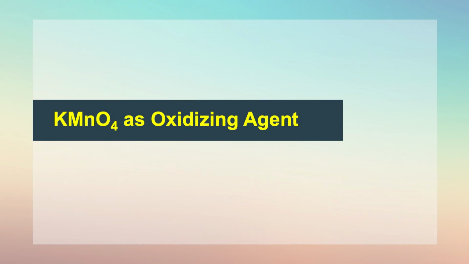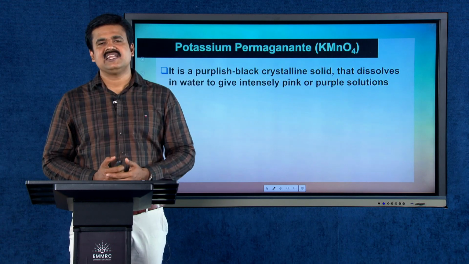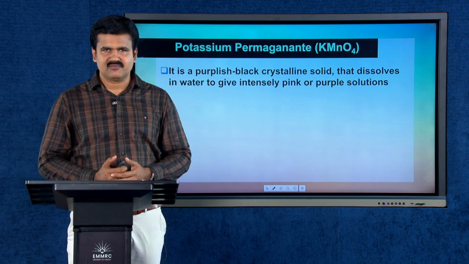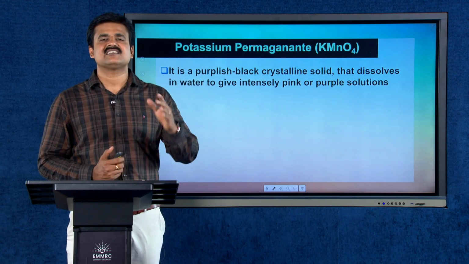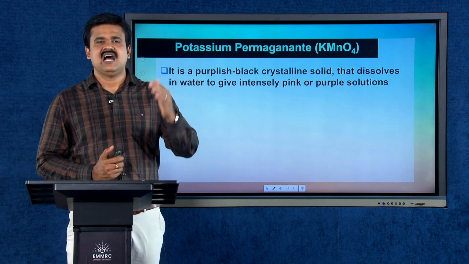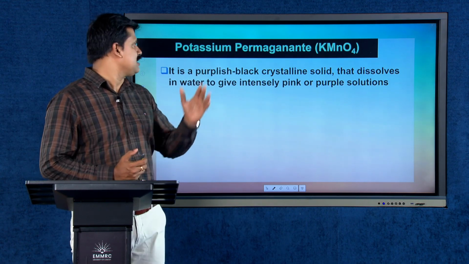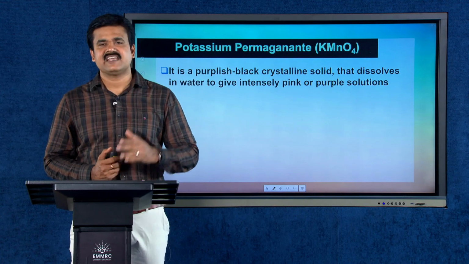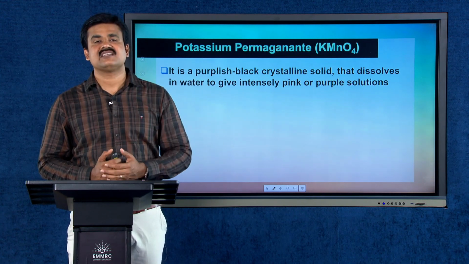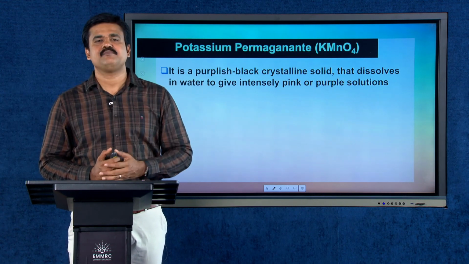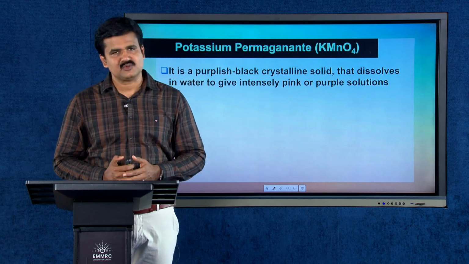Now we are discussing potassium permanganate or KMnO4 as an oxidizing agent. Potassium permanganate, its molecular formula is KMnO4. Here the central atom manganese is in +7 oxidation state, and coming to its physical appearance, potassium permanganate is a purplish black crystalline solid that dissolves in water to give an intensely pink or purple colored solution.